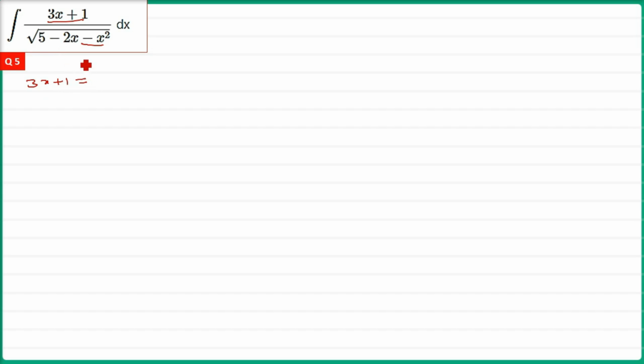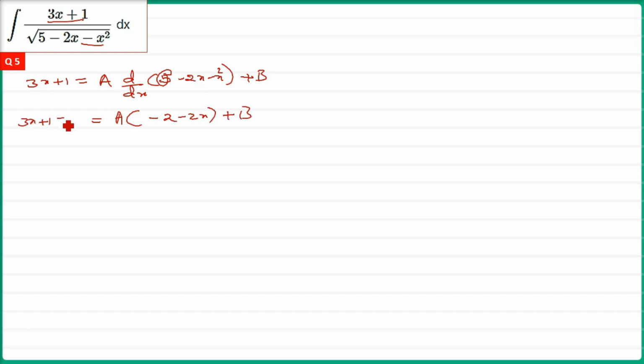So what we do generally is, the numerator 3x plus 1 is to be represented in the denominator form, that is A into d by dx of (5 minus 2x minus x square) plus B. Differentiation of this: 5 will be 0, negative 2 minus 2x, plus B, equals 3x plus 1.